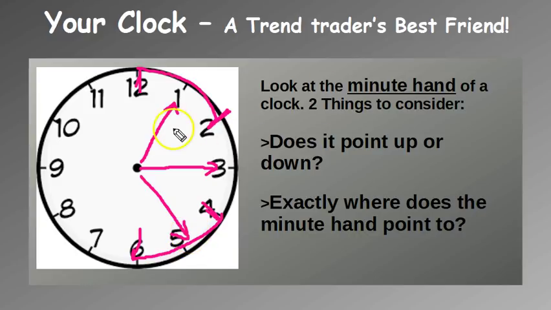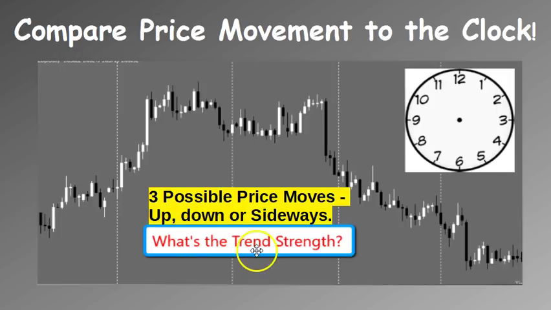So that's pretty simple. So we're looking at two things. Exactly where the minute hand is pointing to tells us if we are in a strong trend or not. And the second thing is, are we in an uptrend or a downtrend? Depending on the minute hand, is it above the 3 or is it below the 3, right?